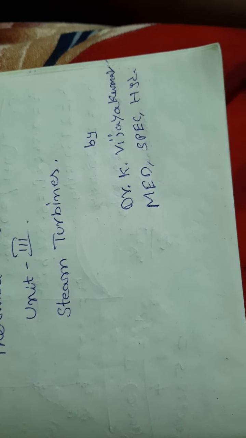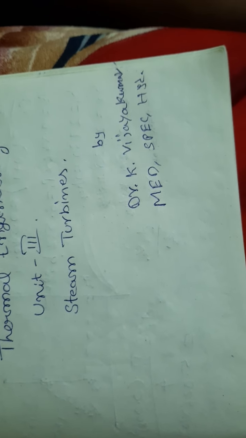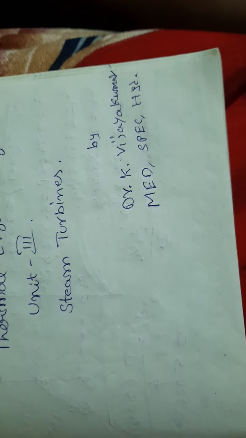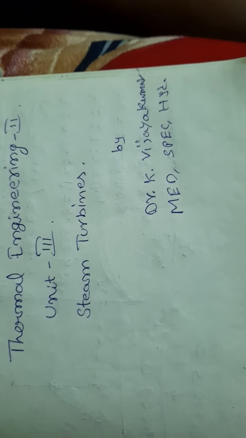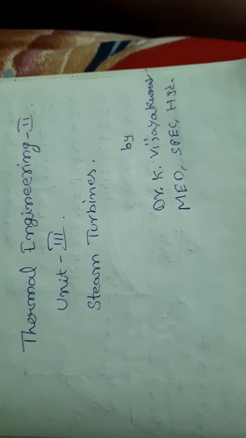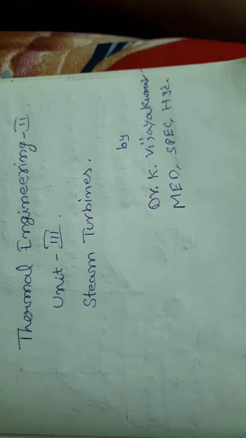The next classification is according to the direction of steam flow: either axial flow turbine or radial flow turbine. In the axial flow turbine the steam flows in a direction parallel to the axis, and in the radial flow turbine the direction is perpendicular to the axis of the turbine.